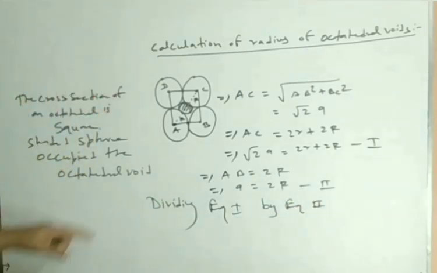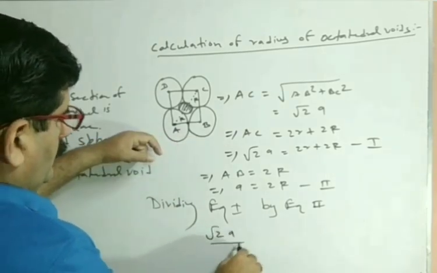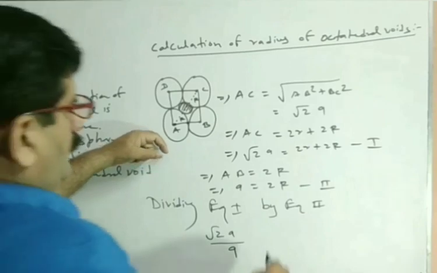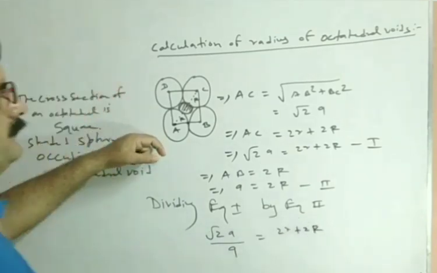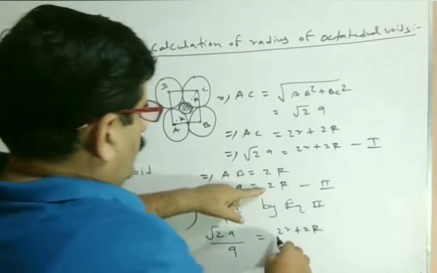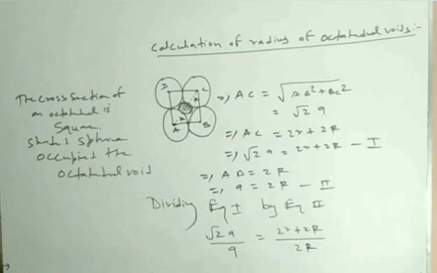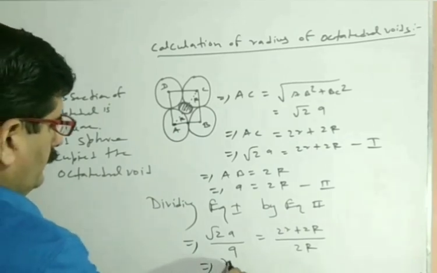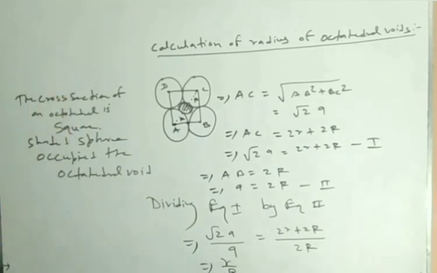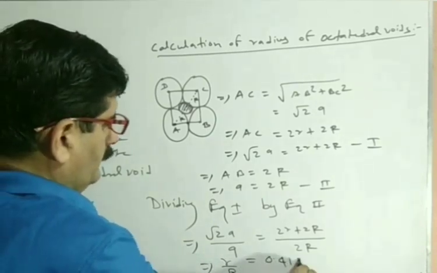We get what? Root 2A divided by A is equal to 2 small r plus 2 capital R divided by 2 capital R. If we solve, we get small r by capital R value is equal to 0.414.